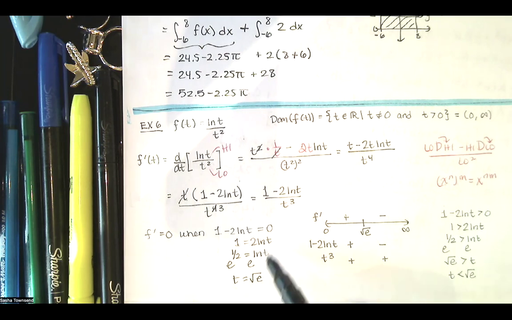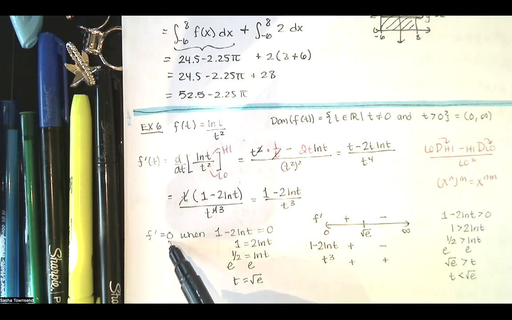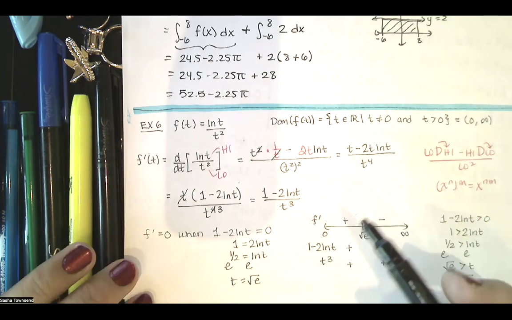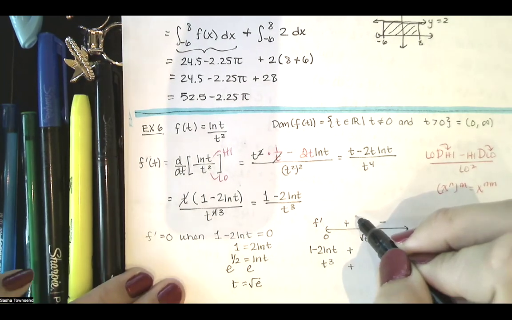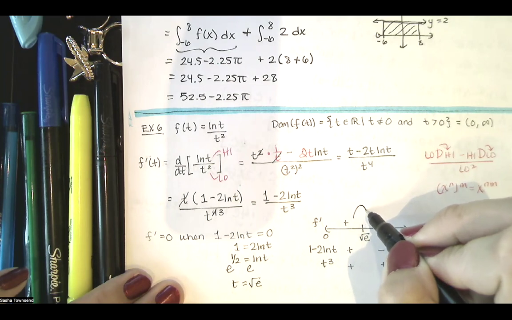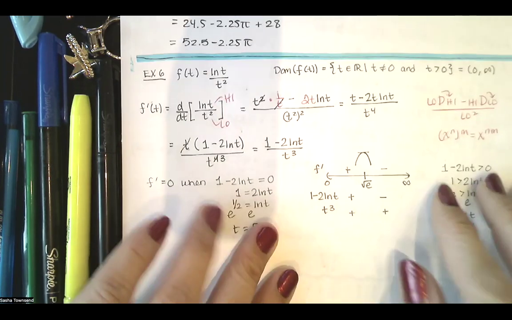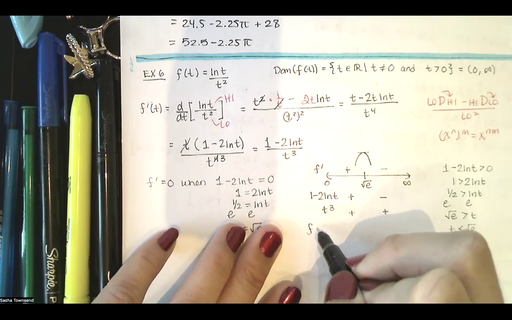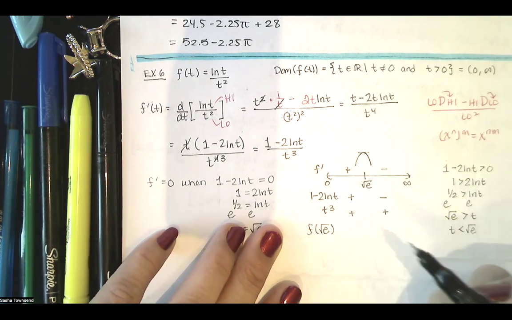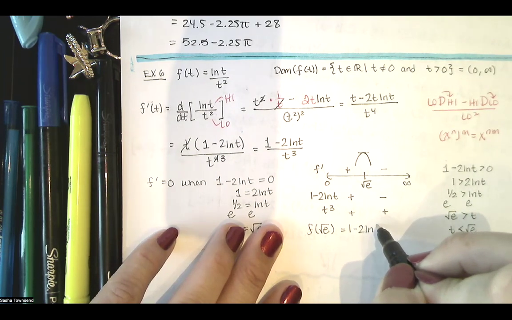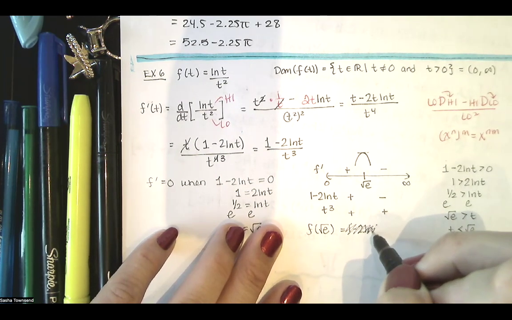Now, square root of e was a 0 of the first derivative, so that means it's a critical point of that function. Since our derivative changes from positive to 0 to negative there, we have a relative maximum at square root of e. So we can infer that f of square root of e is 1 minus 2 natural log of, oops, that's not f, sorry.